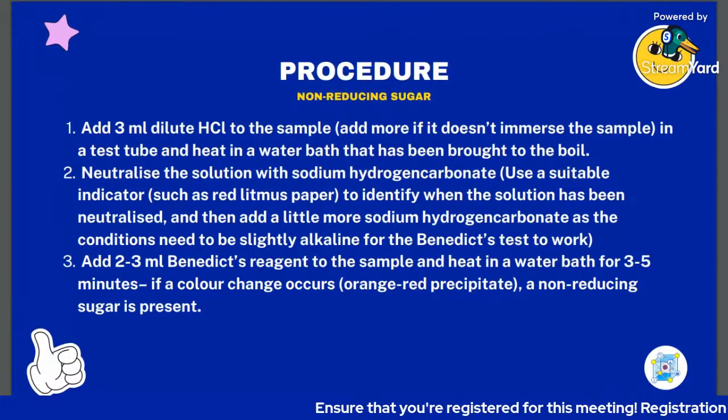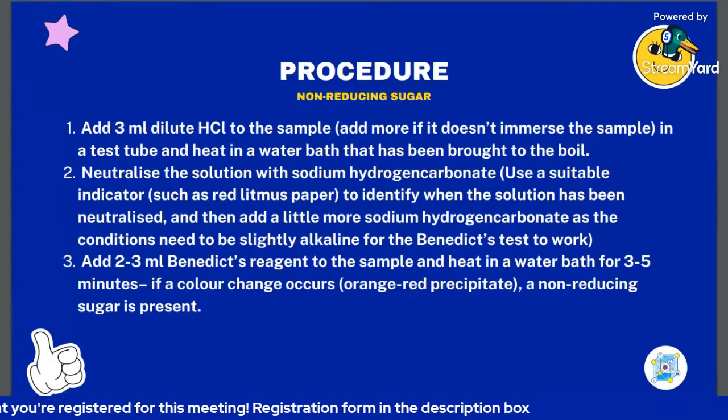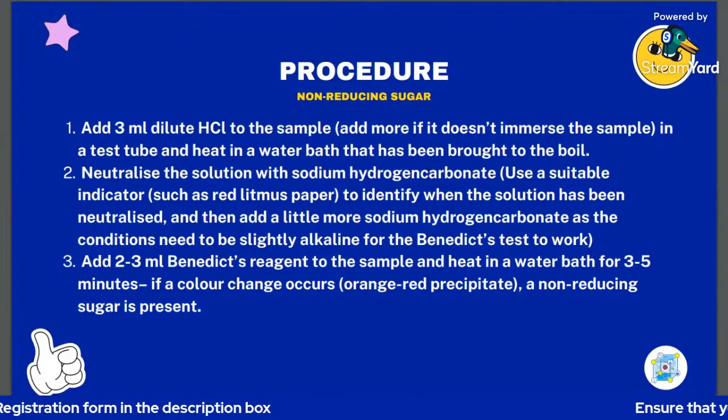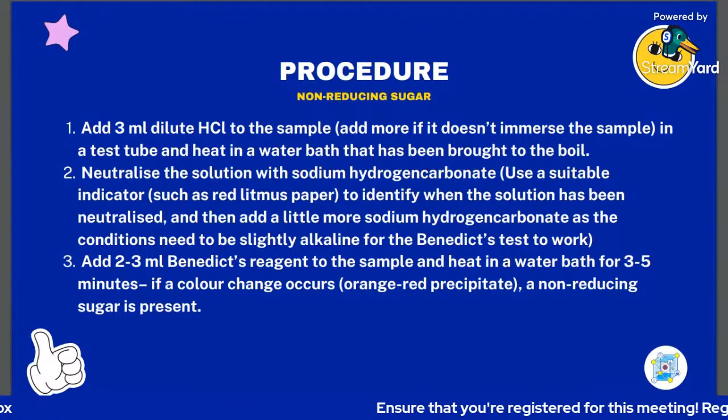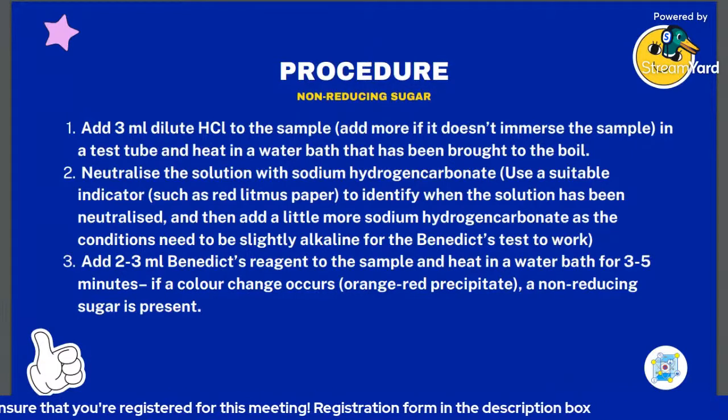So for our non-reducing sugar test, we're going to first add 3 mL of dilute HCl to our sample and add it to our water bath, which will be brought to a boil. Then we're going to neutralize the solution with some sodium bicarbonate until it is slightly alkaline.